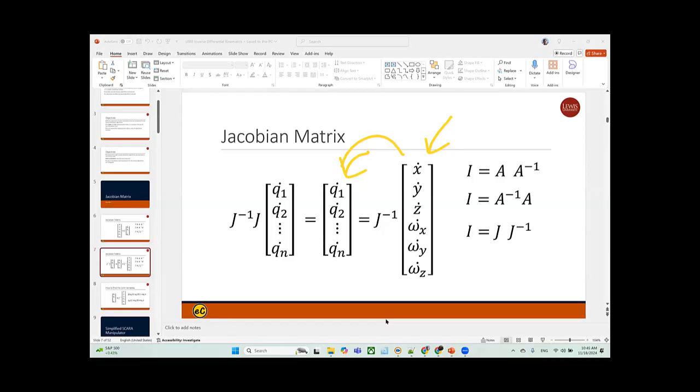That state variable change tells you how much you need to rotate so that you can get to the destination. That's the purpose of the inverse Jacobian.